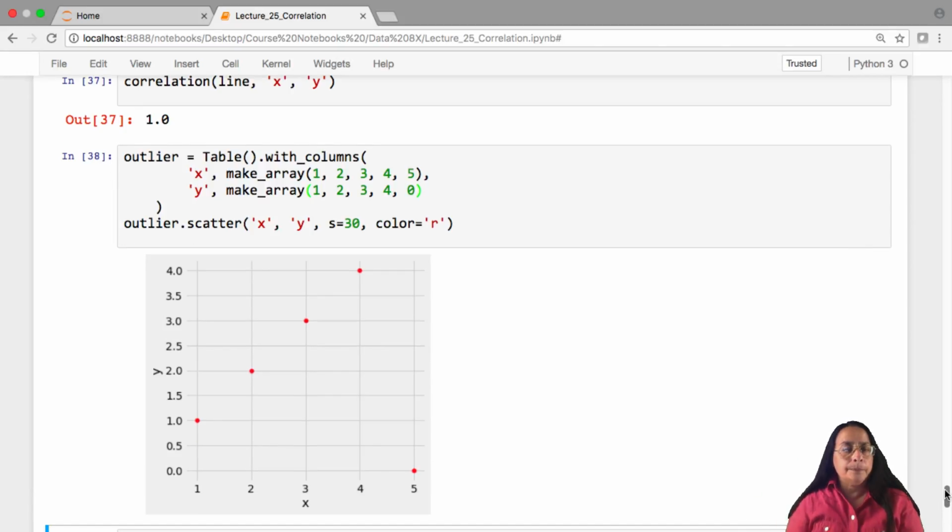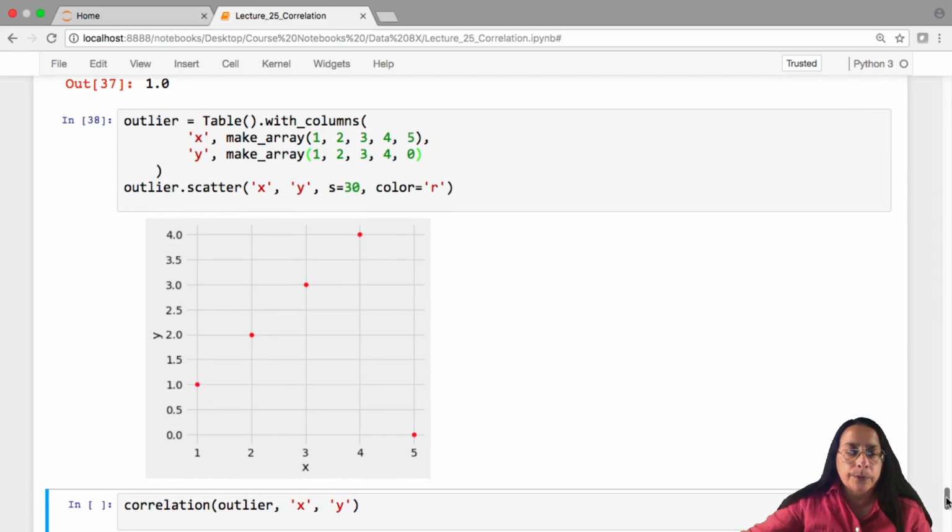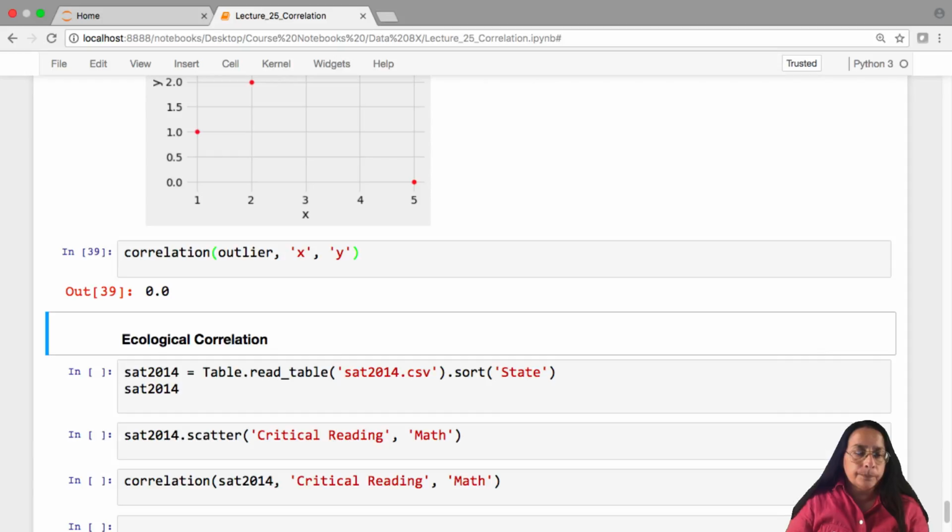That's an outlier. What happened to the correlation? Let's take a look. The table is called outlier, and the variables are called x and y. So we will do correlation of the outlier table, and it's 2 columns, and we get 0.